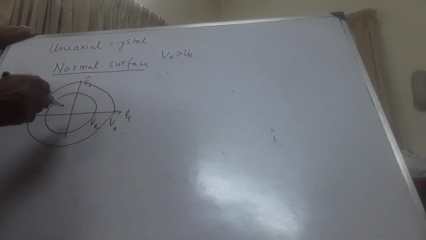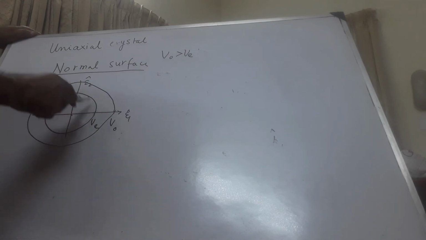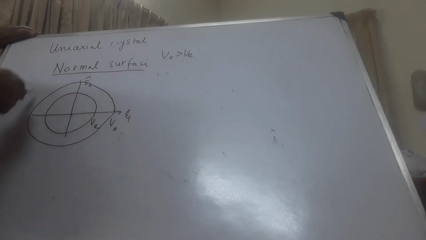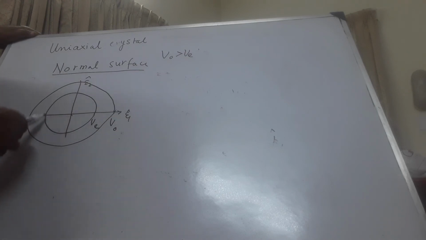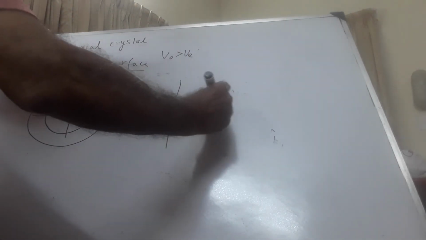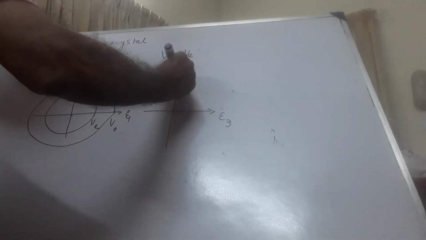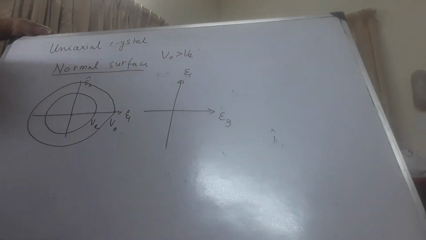That means any wave moving along k, which is changing this way, this will be the surface of the wave, and this will be the surface of the wave. If k were going in this direction, the wave would be like that. Now let's do the same thing in the epsilon 1, epsilon 3 plane.